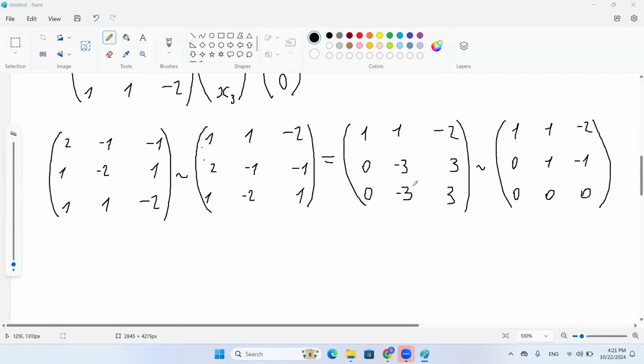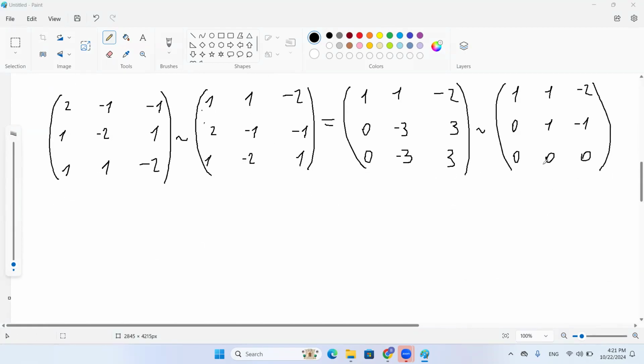So now we know the rank of its matrix, and what is the rank of A? It is 2.